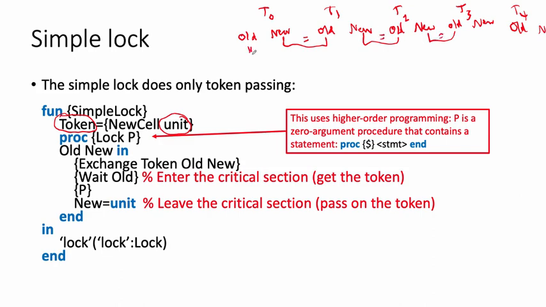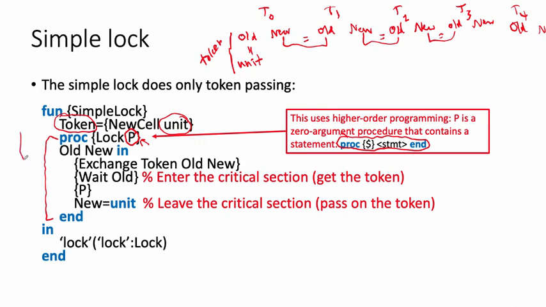Okay? So in order to get in, the old one has to be bound. So this is the token. When T0 comes in, the lock is here, and I have a procedure. P here is the statement. It's actually going to use higher order here. So P is going to be a zero argument procedure that contains a statement.